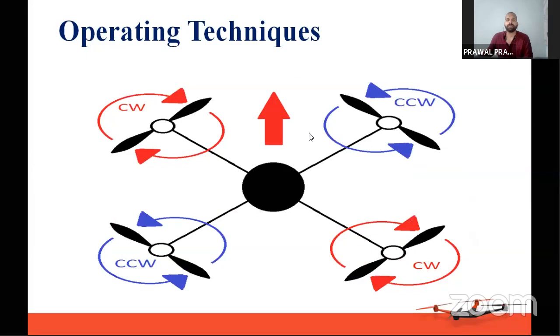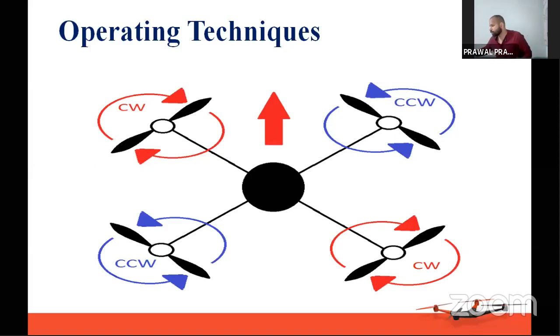Okay. So talking about the orientations of motors, as I told you, if you consider this as a quadcopter, this motor, this one, and this one are clockwise, and this motor and this one are anti-clockwise. Now, why is that?